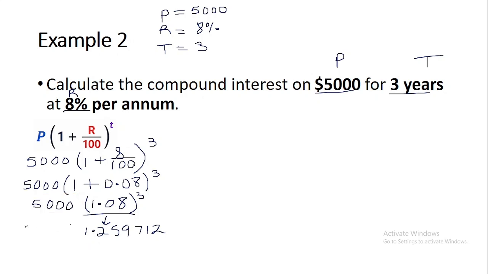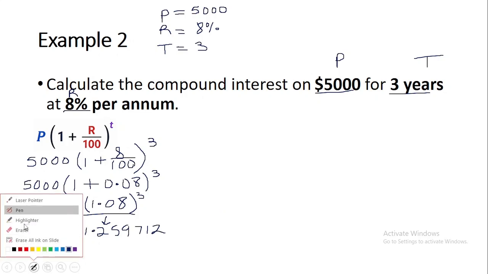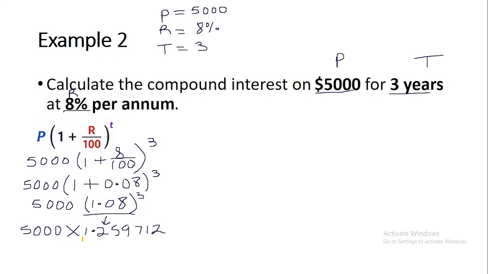So that's gonna be 5,000 times, and 1.08 cubed means that we're multiplying 1.08 times 1.08 times 1.08. Let me highlight it. So after finding 1.08 cubed, you'll get that for your answer.